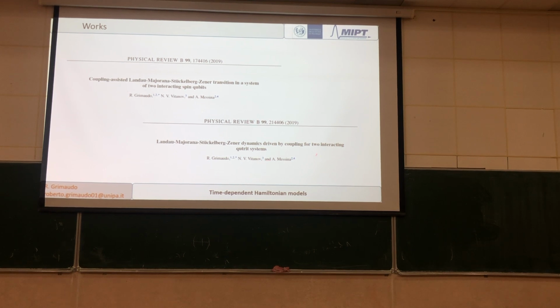Here you can find the same analysis, but for a more complicated system, which is the one of two interacting qutrits, that is, two interacting three-level systems. This is just to show that I showed you our approach in the case of two spin 1/2, but we can apply successfully the same method also to more interesting and more complicated systems from a physical point of view.